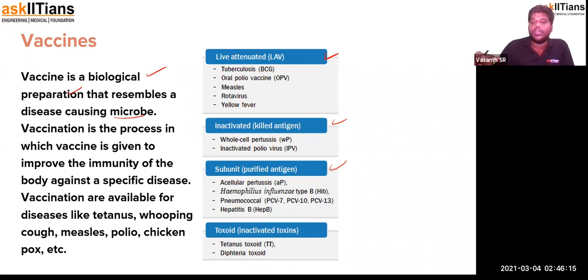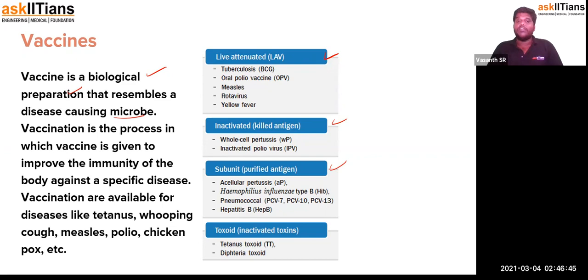We call it an inactivated toxin, a toxin which doesn't have the toxic or disease-causing effect. We introduce them to boost our immune system. These are the types of vaccines available for our body so that it could be aware and ready even before we get infected. This is what vaccines are for.